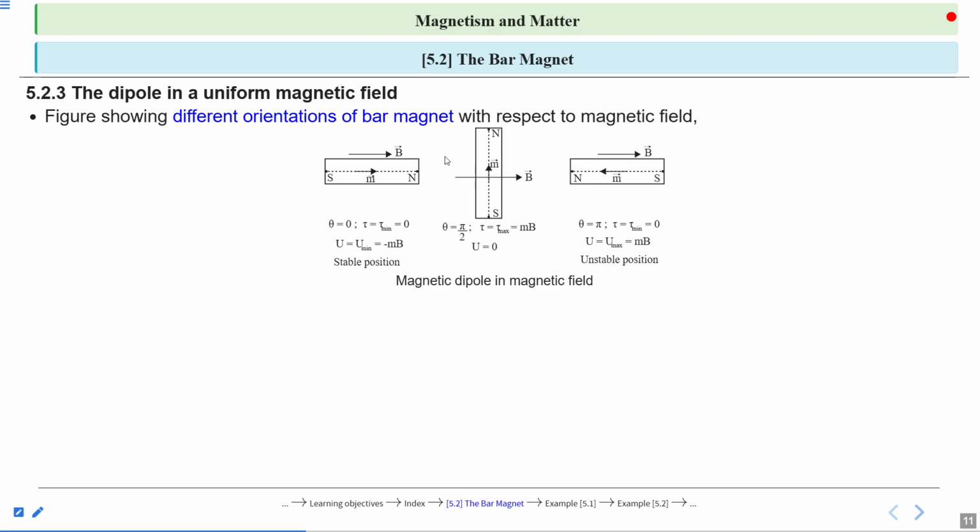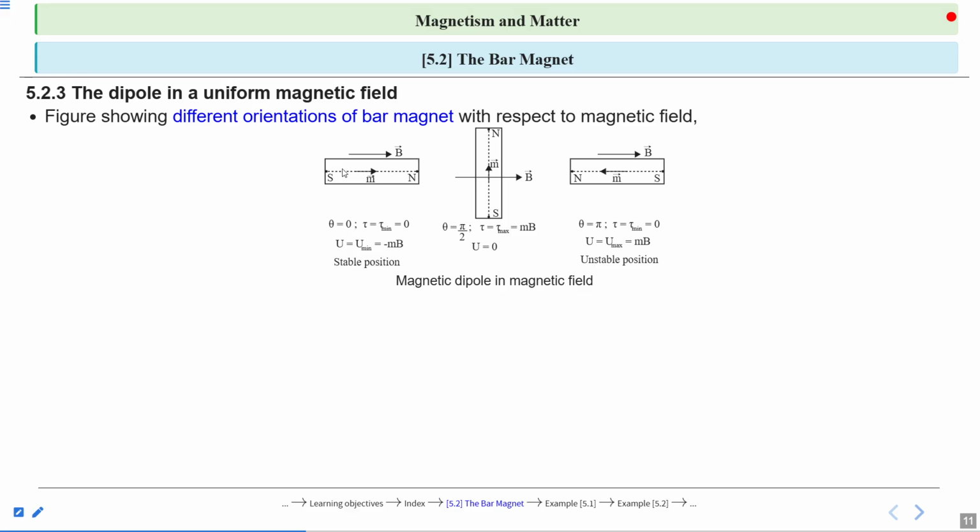Okay, so these are some special cases of this derivation we have done. We will see these special cases when the magnetic dipole moment is aligned in the direction of the magnetic field. This is the conclusion from the whole topic that we have done today and yesterday.